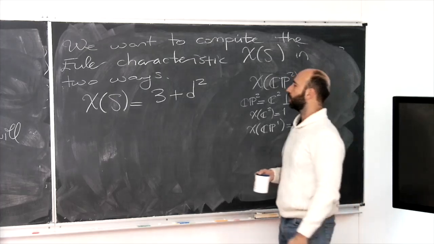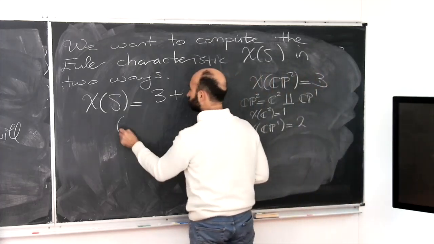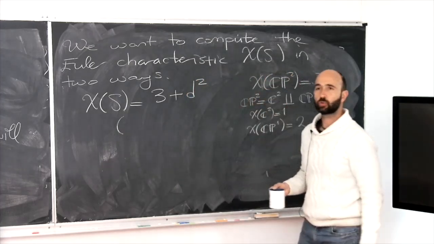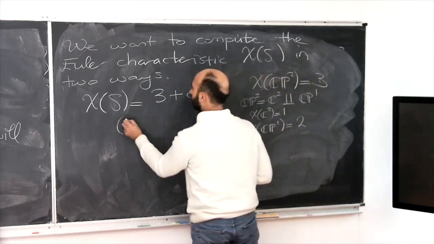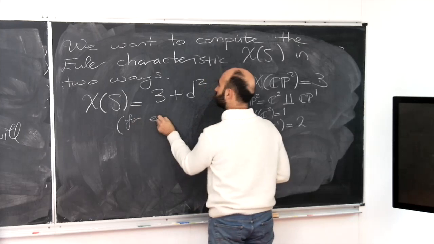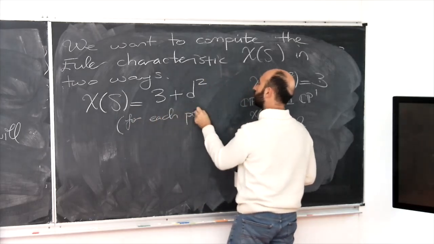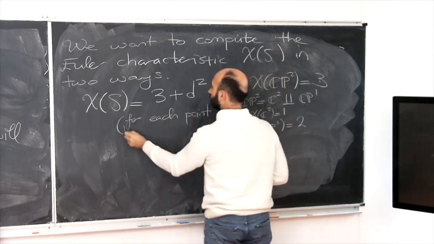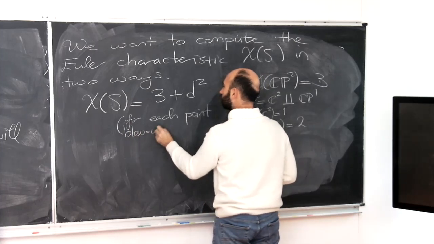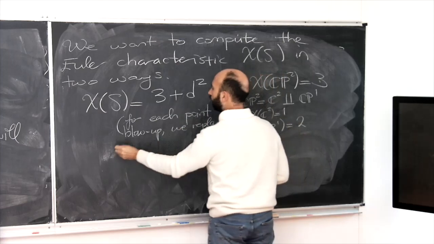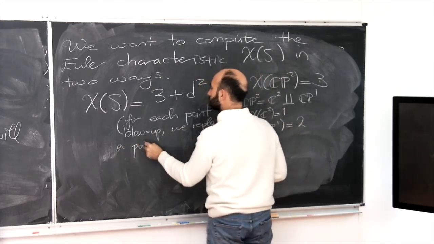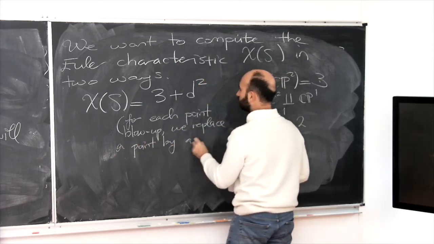Now, then there's this additional d square, and that's the result of d square point blow-ups. For each point blow-up, we replace a point by a CP1.